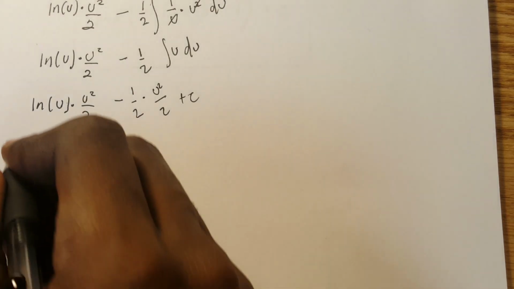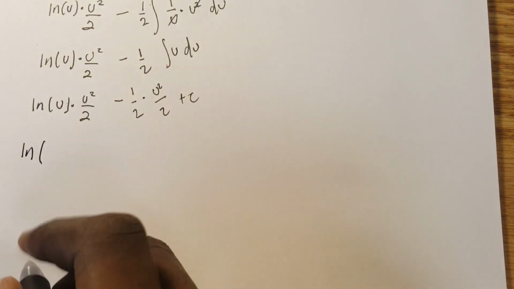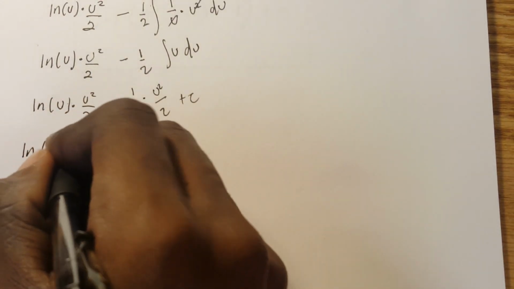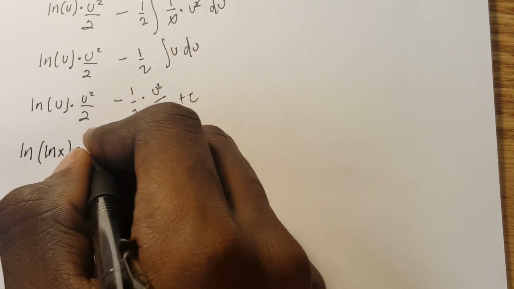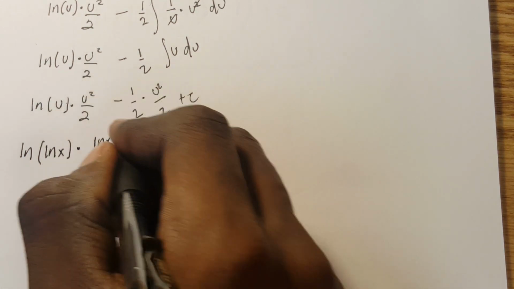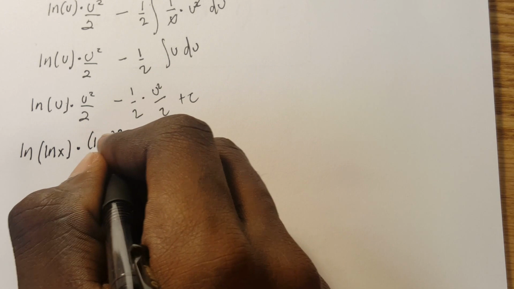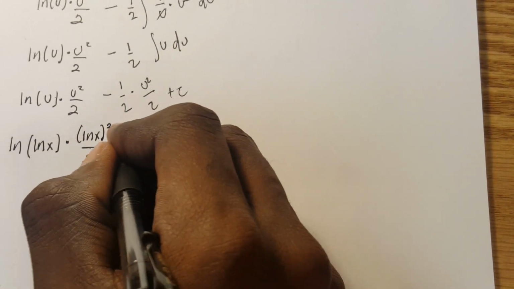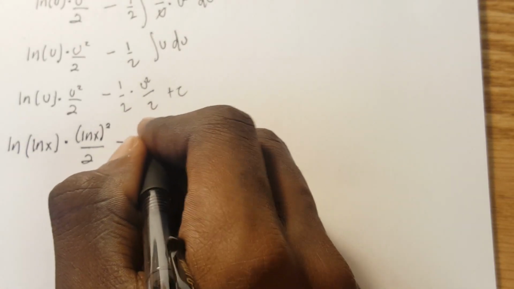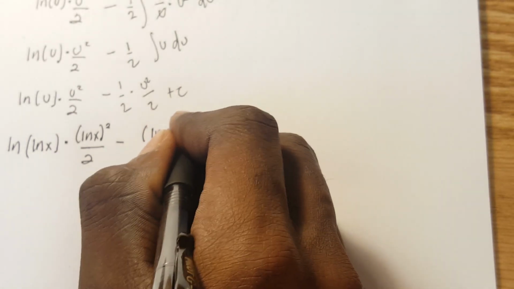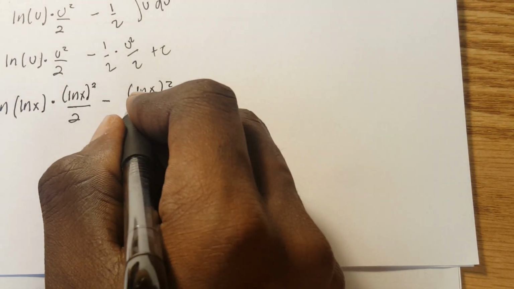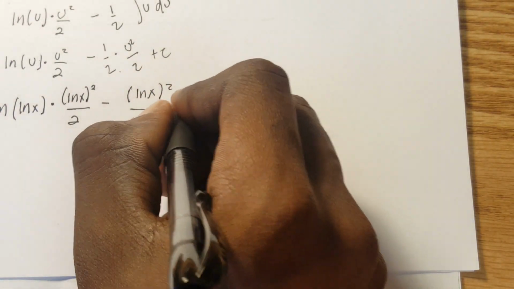So you come down here, you have natural log of u, which will be natural log of x, multiplied by natural log of x all squared divided by 2, minus natural log of x squared divided by 4, that is 2 times 2, plus c.